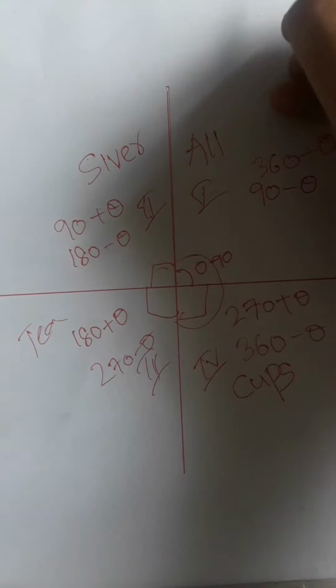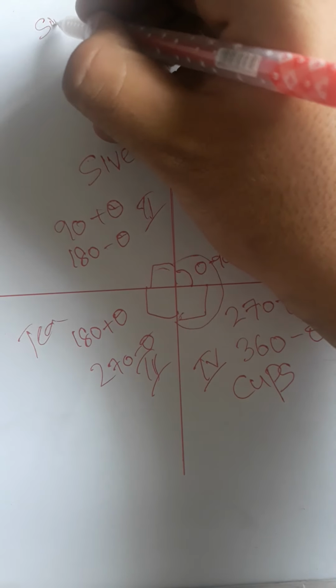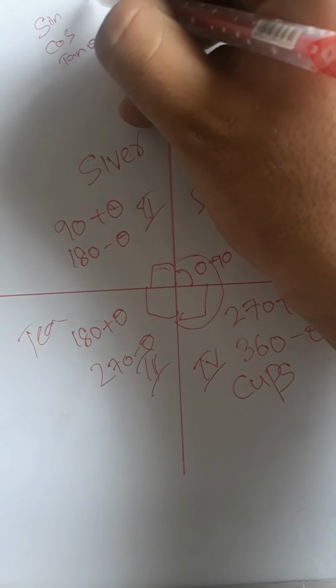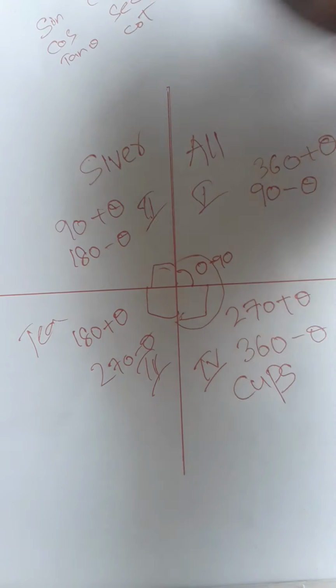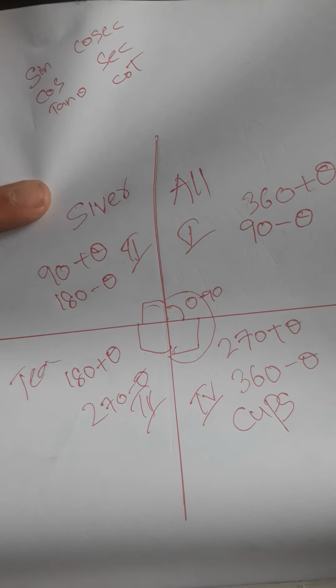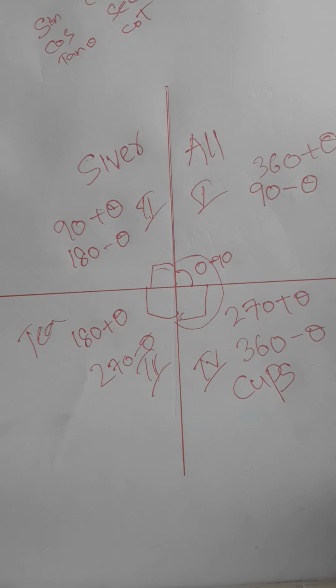How many trigonometric ratios do we have? Sin theta, cos theta, tan theta, cosec theta, sec theta, cot theta, right? These many we have, right? Sin, cos, tan, cosec, sec, cot. Trigonometric ratios are there.